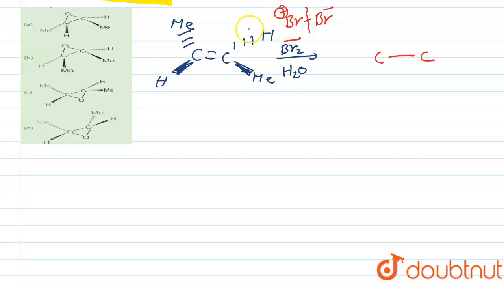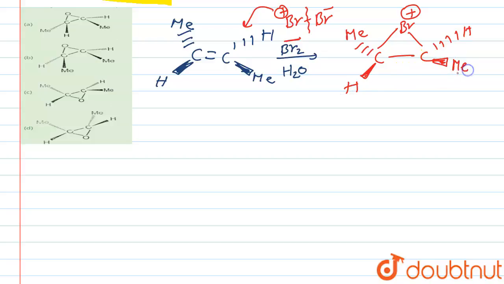The bromine attacks here and leads to the formation of a cyclic bromonium ion intermediate like this. We have methyl and hydrogen down the plane, and hydrogen and methyl up the plane.